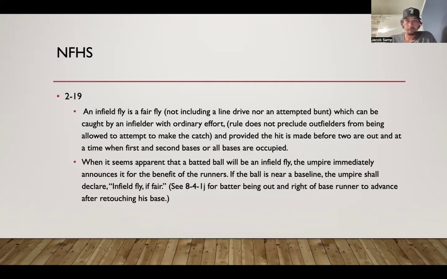And there are less than 2 outs. If the pop fly is on one of the baselines, we would say infield fly if fair, because obviously if it falls foul, it would be a foul ball.